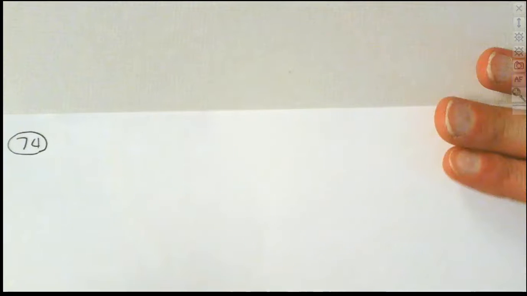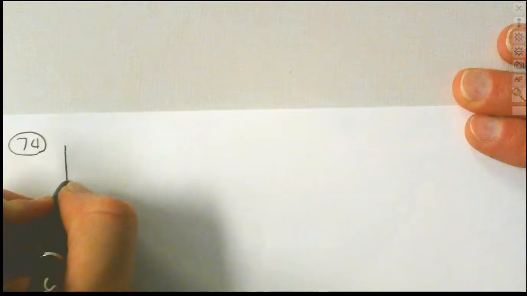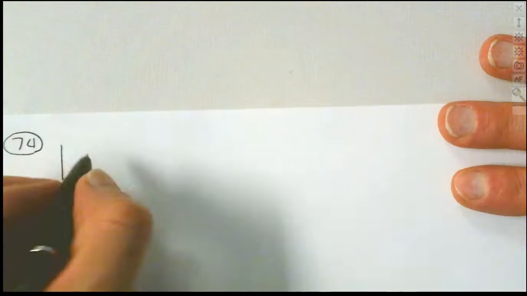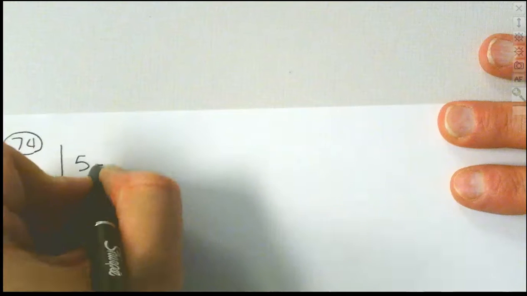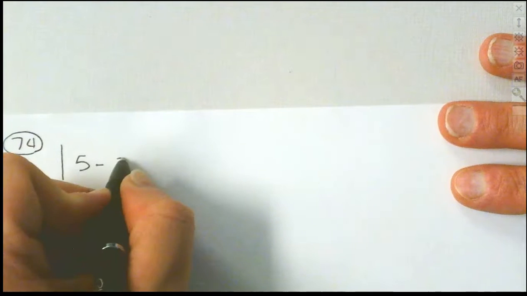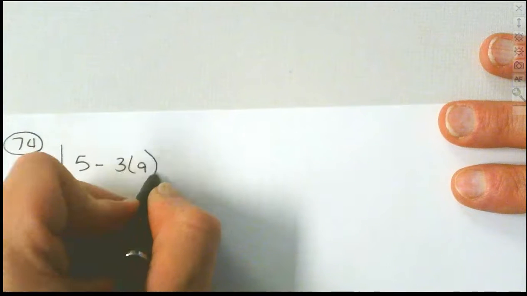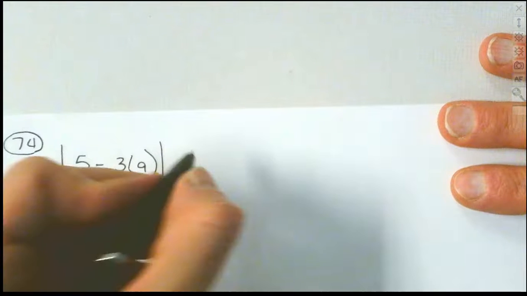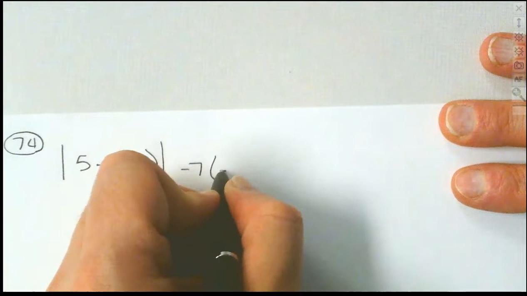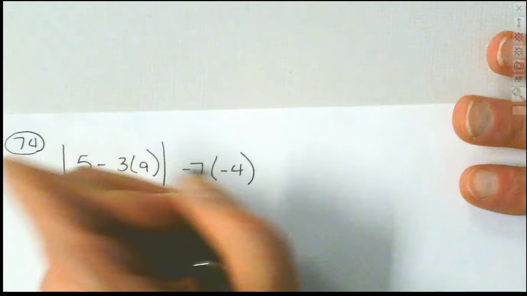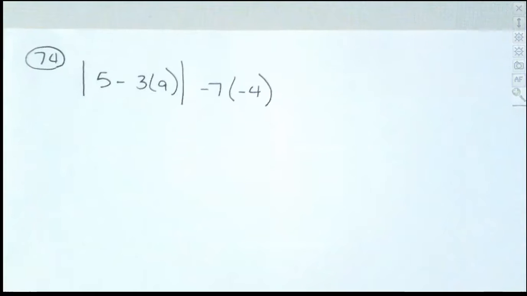On question 74, we've got the absolute value of 5 minus 3 times 9, minus 7 times a minus 4. So this is what we've got.